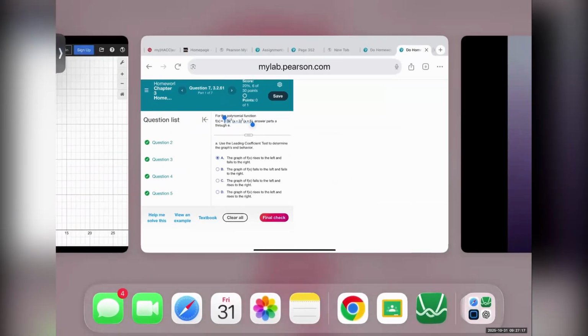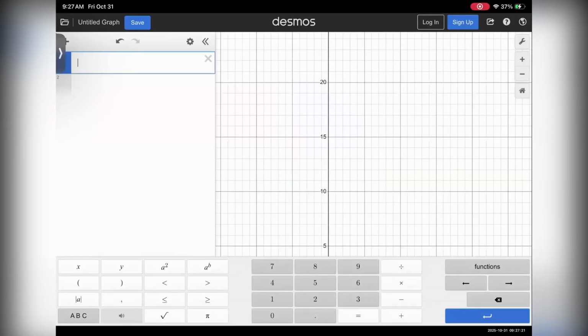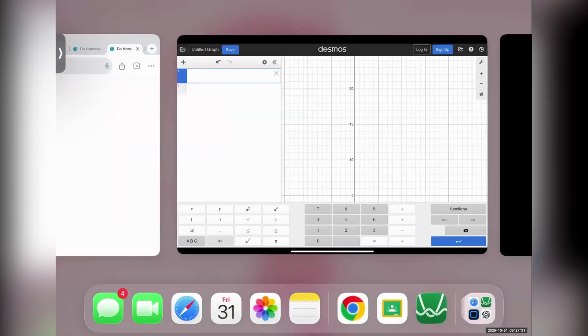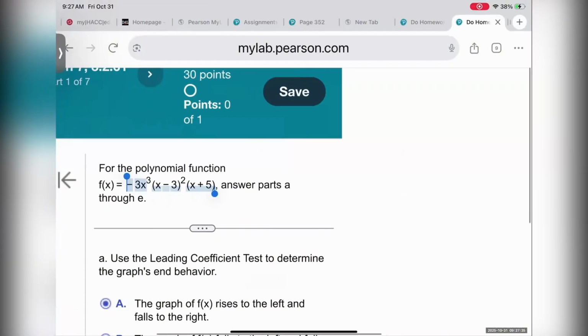Are you trying to copy it? The copy function sucks. For both Desmos and for Pearson, it's going to type something goofy in there. Recording in progress.